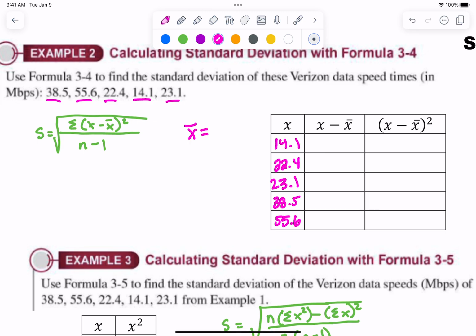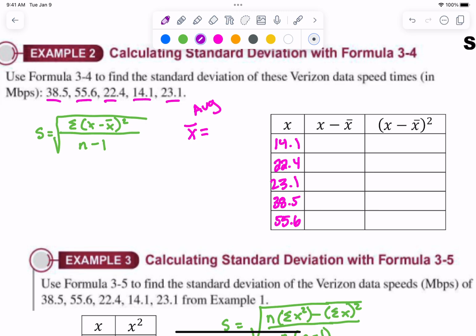The first thing that we need to do in the top formula, we have to rely pretty heavily on x bar. What's x bar mean again? The mean or the average. Okay, so we need to average those together. We did that in section 3.1, with this same data set. Somebody add those together and divide by 5.